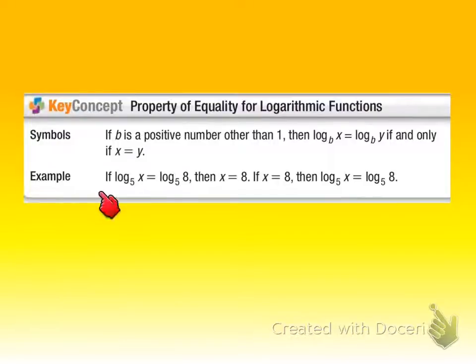You're going to get the logs to have the same base, and once you do that, you can kick them to the side and solve whatever's left. So it's log base 5 of something equals log base 5 of something else, and you set those somethings equal to one another. The nice part about this lesson is that's literally all you have to do.